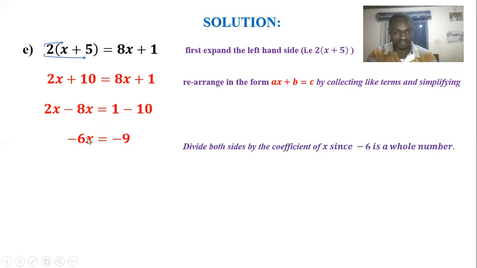And we said that when the coefficient of the variable is a whole number, we simply divide both sides by the coefficient, that whole number. So we divide both sides by -6.